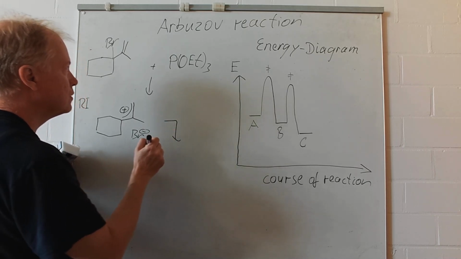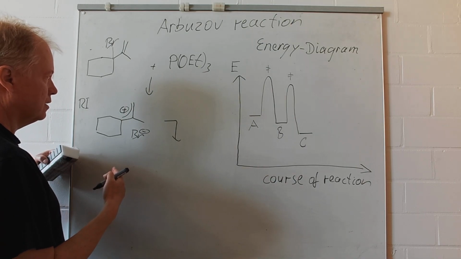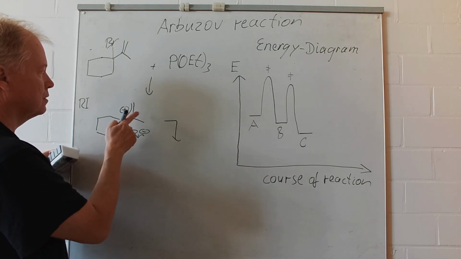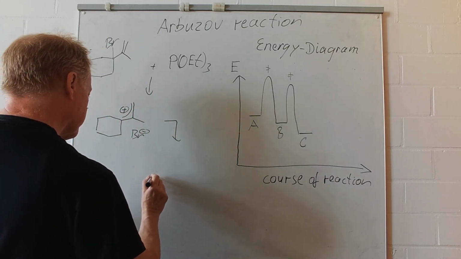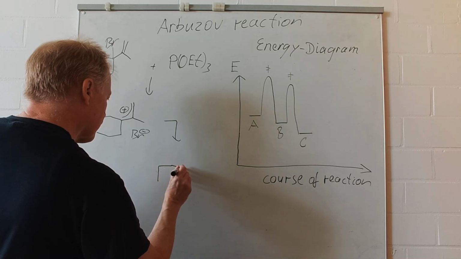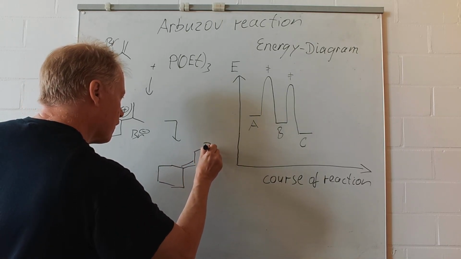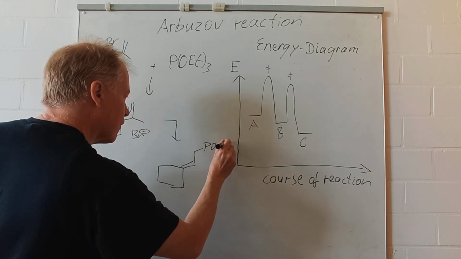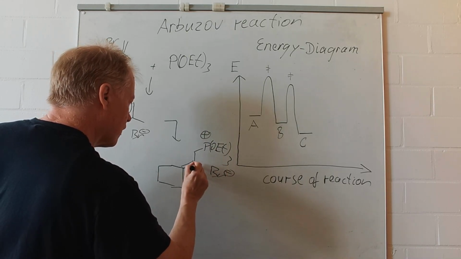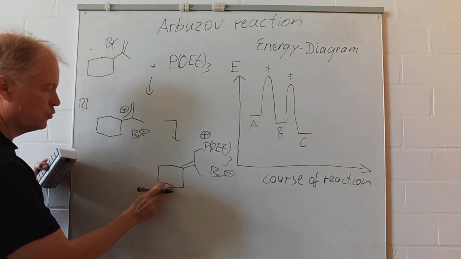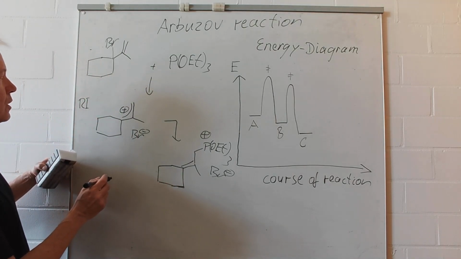And now the triethyl phosphite can attack. It will preferentially attack at the peripheric carbon, leading to this intermediary product.